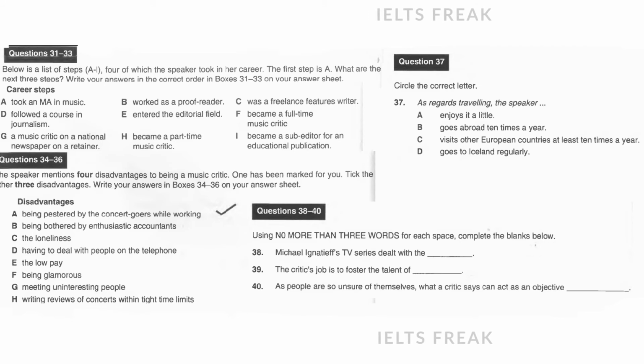As you listen to the next part of the talk, complete the lecture notes in the spaces provided.